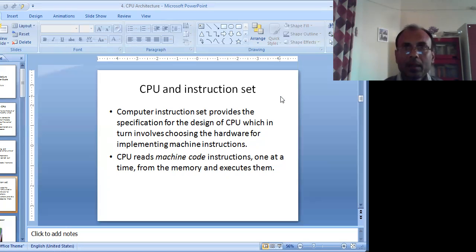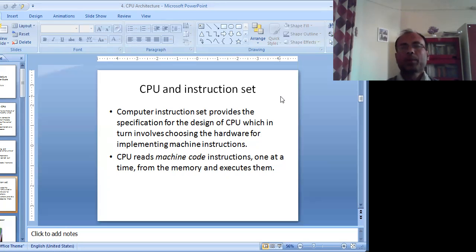Then it is converted into assembly language, then into machine language.